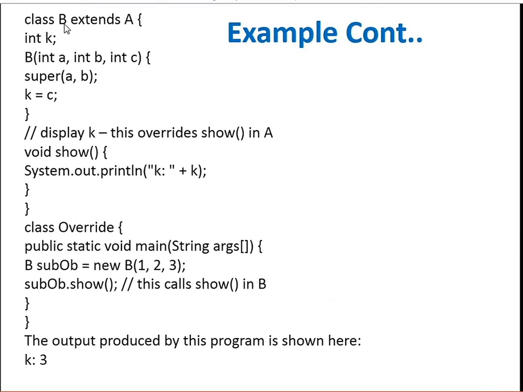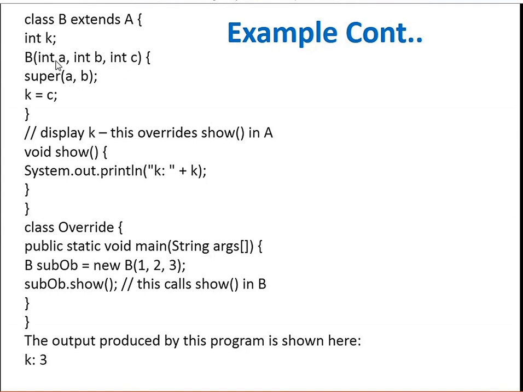Then class B extends class A. Method overriding comes into the picture with inheritance. Depending on extends, this is your parent class and this is your child class. Then int k, and B is the parametric constructor, with int a, int b, int c.